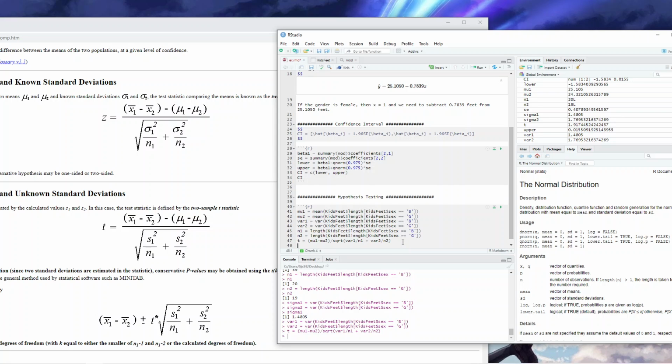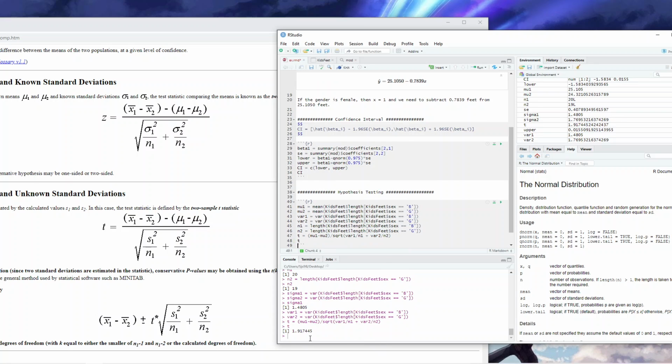So print it. That's 1.91. Okay, with the test statistic, we need to go back to our normal table. If you go back to your normal table, you should be able to see what the probability of that is. But in here, I believe we can do this.